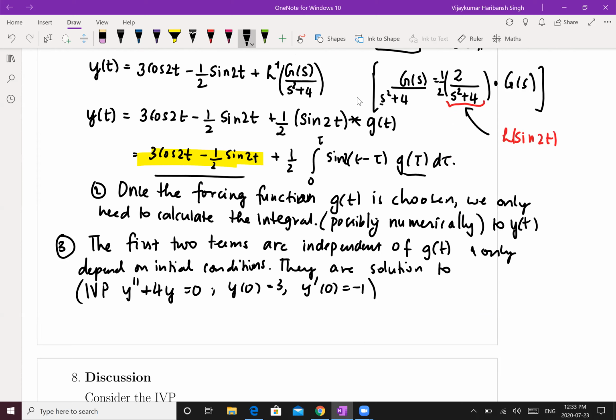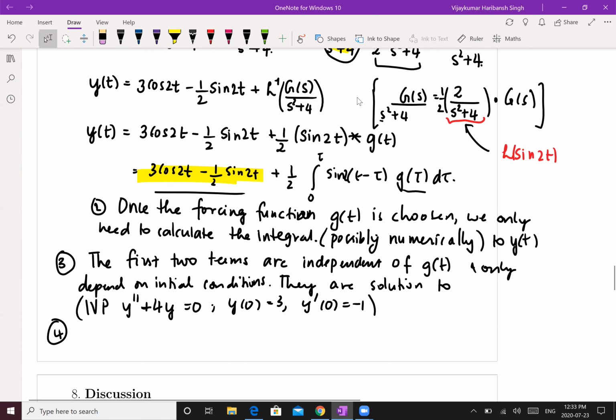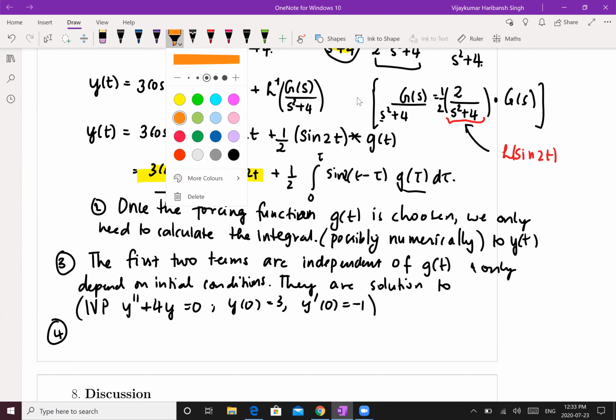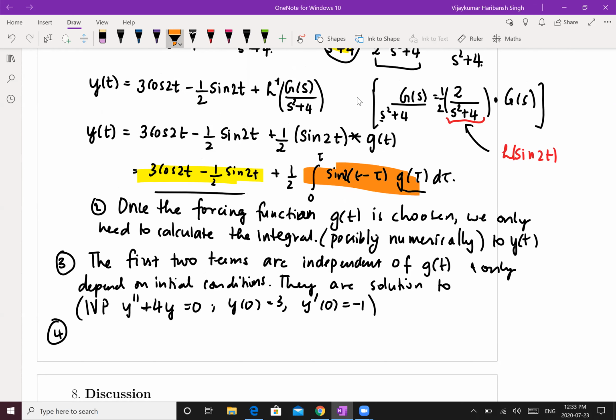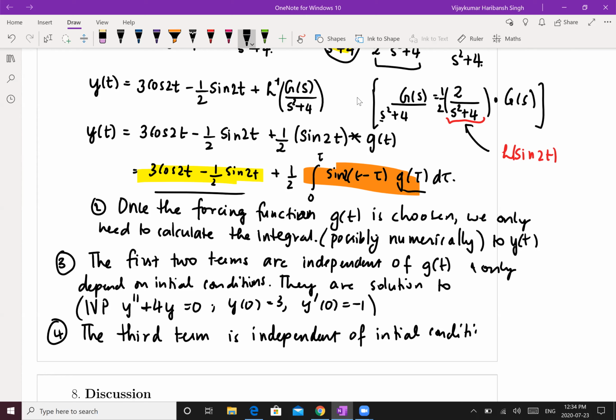Now the third term, which is here, is independent of the initial conditions and only depends on g of t.